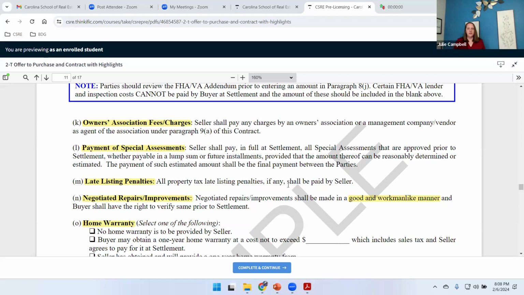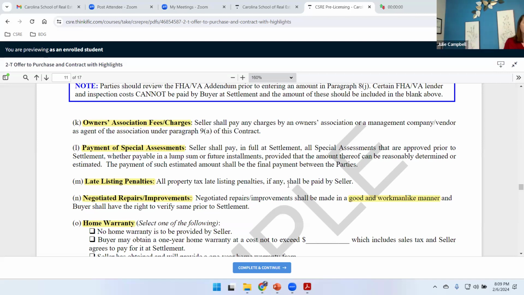Here's our owners association. Again, seller's going to pay any charges of the owners association in full. Anything that's been approved prior to settlement, the seller's responsible for paying, whether or not it's due in one lump sum or future installments.